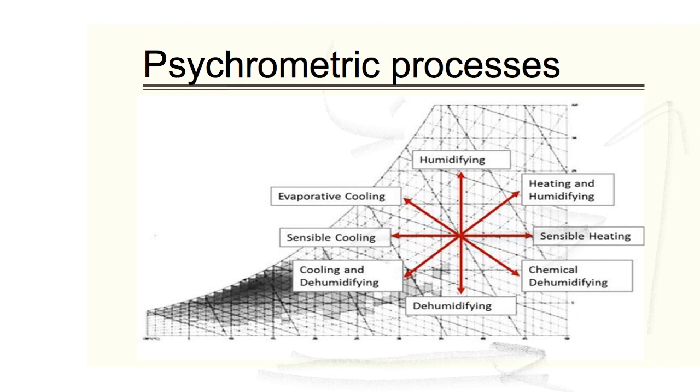And what happens when we increase the water vapor in moist air? Humidification takes place. There is no change in temperature, we are just adding water vapor into the moist air, and it is termed as humidification. The opposite process of humidification is termed as dehumidification.